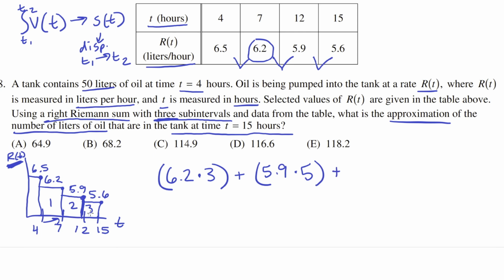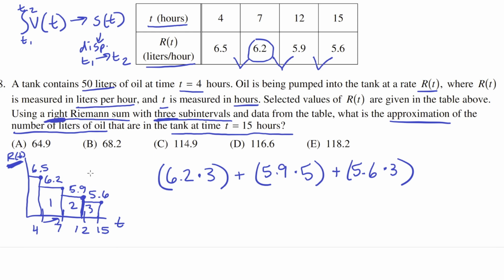And then for the third rectangle, our height is 5.6, and we multiply that with the width, which is 3. The reason we used 6.2, 5.9, and 5.6 as the heights is because they told us to use a right Riemann sum.